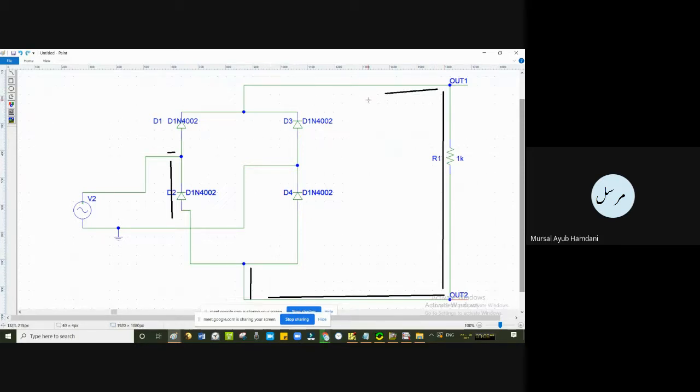Now go down this path. Then again at this point we have two ways to go. This negative, either it goes through this direction or this direction. However, at the earlier stage this was rendered open circuit, so we come via this point, then down through here.